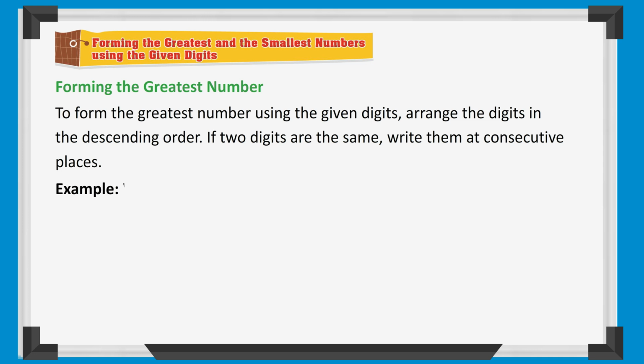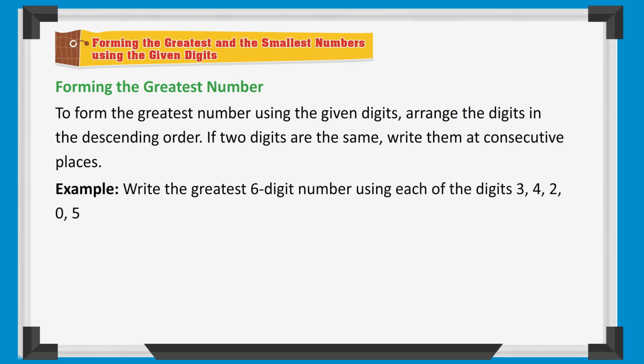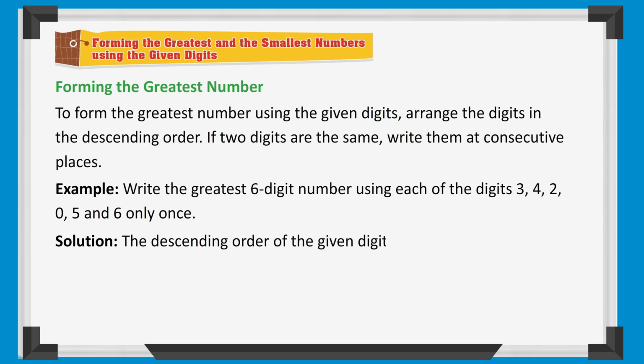Example. Write the greatest 6-digit number using each of the digits 3, 4, 2, 0, 5 and 6 only once. Solution. The descending order of the given digits is 6 greater than 5 greater than 4 greater than 3 greater than 2 greater than 0.